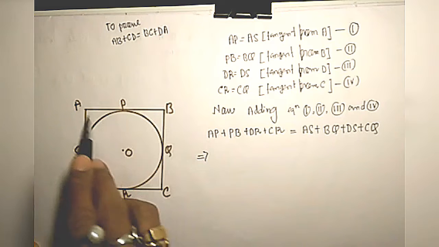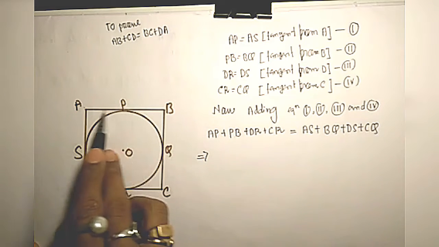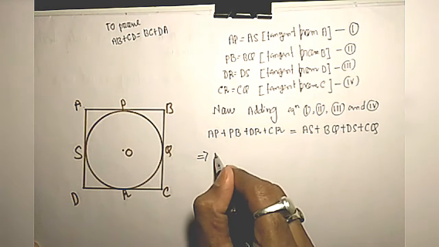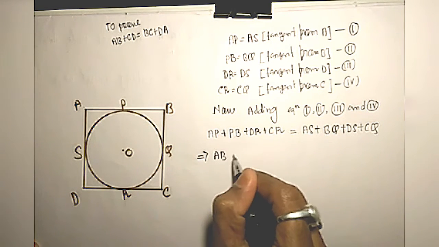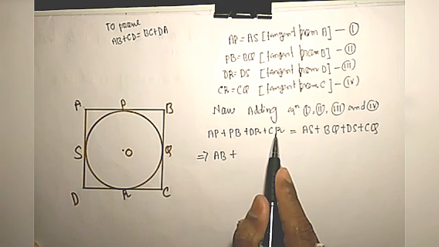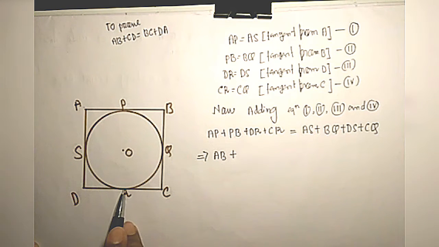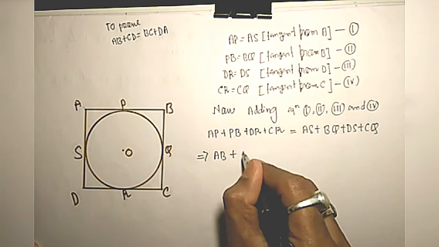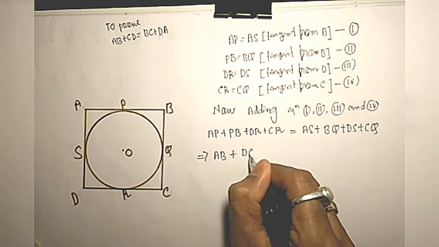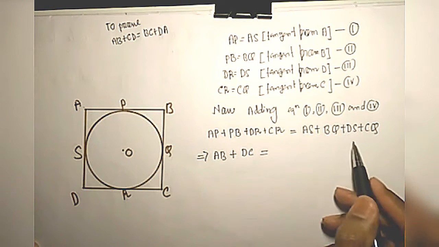AP plus PB is equal to AB. Similarly, DR plus CR equals DC.